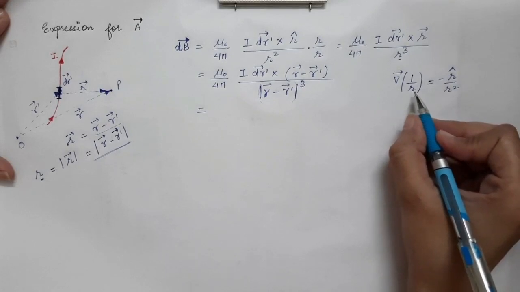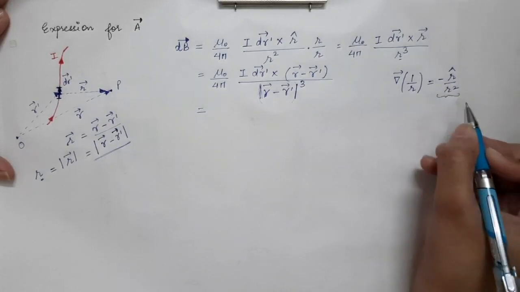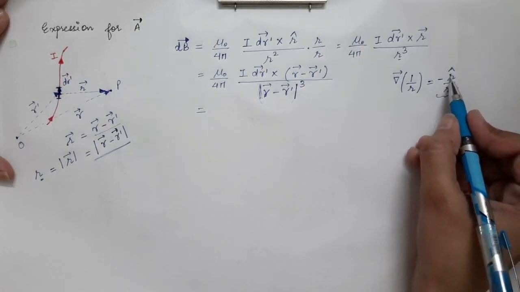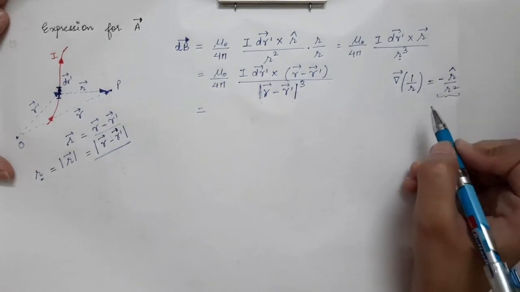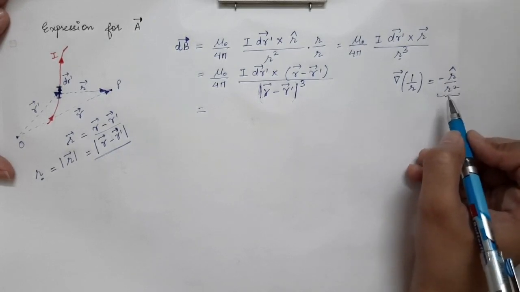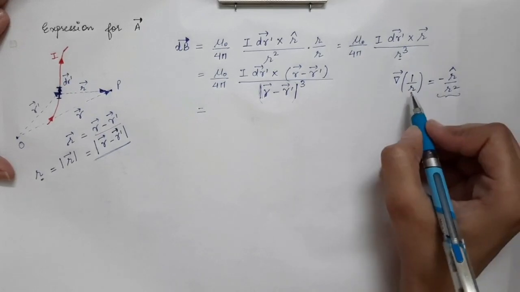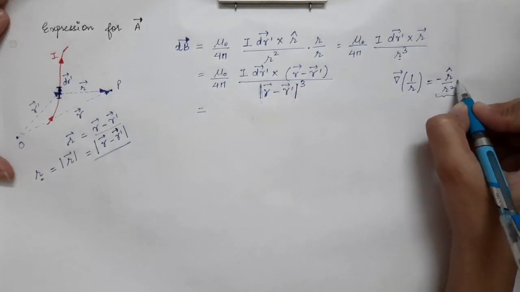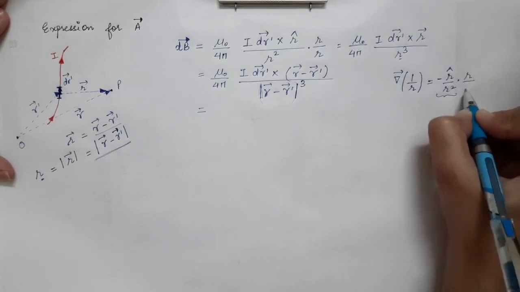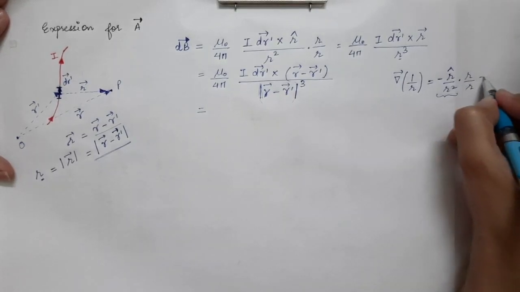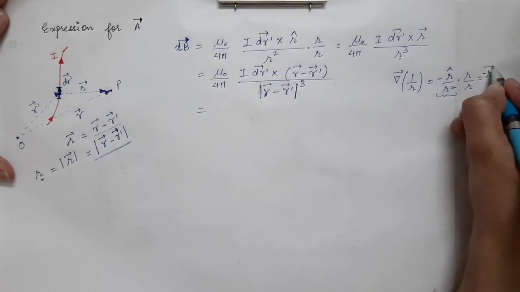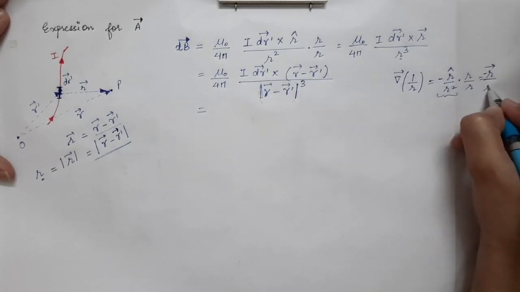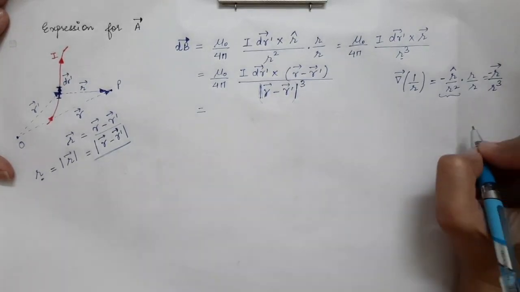The gradient of a scalar function is always a vector quantity, and you can see over here we have a unit vector on the right hand side, so it is a vector quantity. Over here also you can multiply and divide by curly r, so that will be equal to minus curly r vector divided by curly r cube.